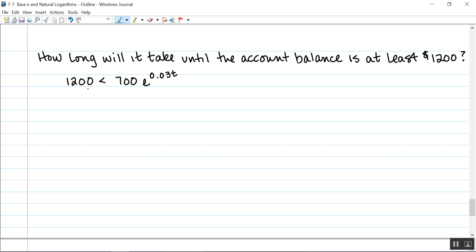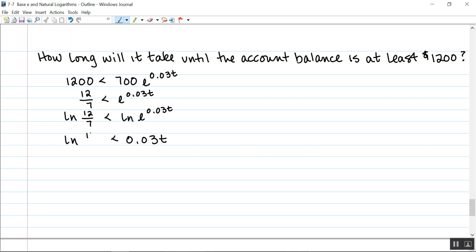So I'm going to divide both sides by 700. So that's going to leave me 12 over 7 is less than e to the 0.03t. Okay, and since I have e raised to a power, I'm going to take the natural log of each side. So the natural log of 12 over 7 is less than the natural log of e to the 0.03t. Taking the natural log of e leaves me with just the exponent.